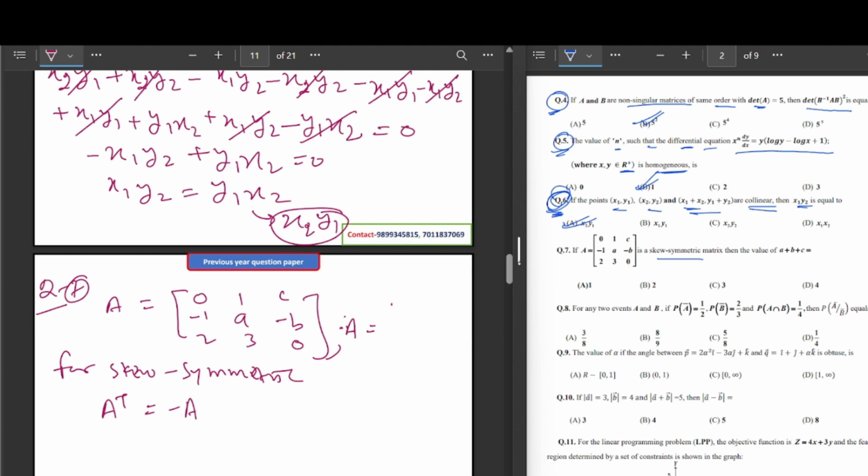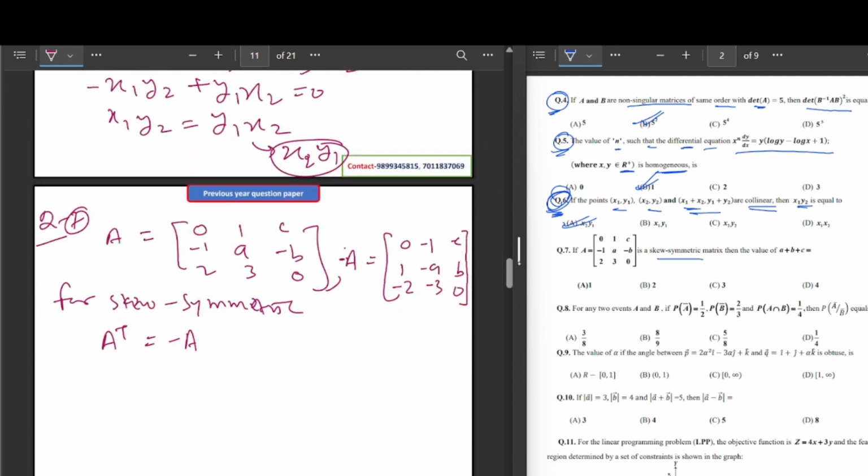Minus A is equal to 0, minus 1, minus C, 1, minus A, B, minus 2, minus 3, and 0. This is the negative matrix of A, and for A transpose we have to change rows into columns.